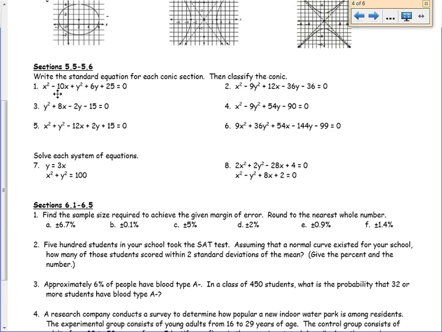The second one, here's again, y is squared. Since y is squared, I need to keep the y's together and move the x's to the other side. So if it's a positive 8x on this side, it's a negative 8x on the other side. Negative 15 on this side, a positive 15 on the other side.